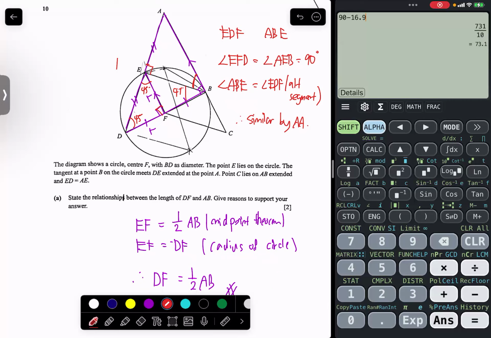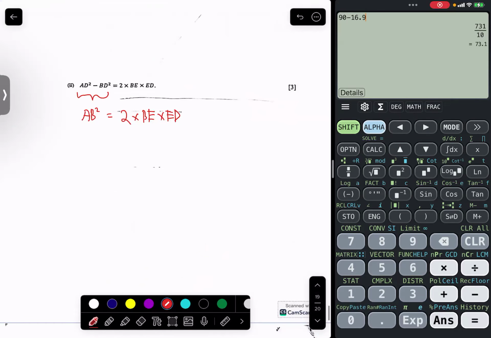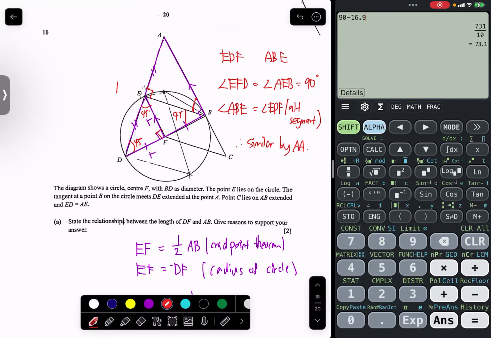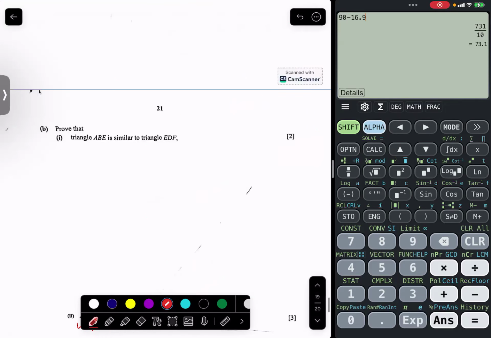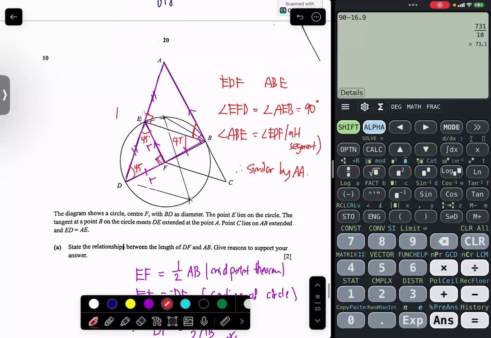So what we're trying to prove here is 2 times BE times ED. Looking at triangles ABE and EBD, this is congruency.